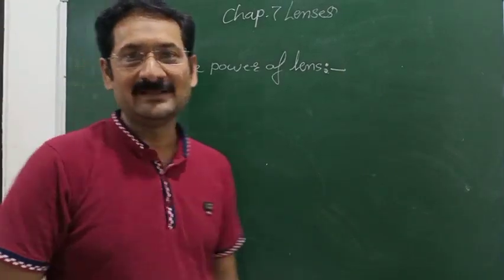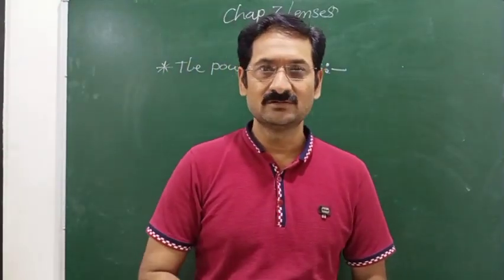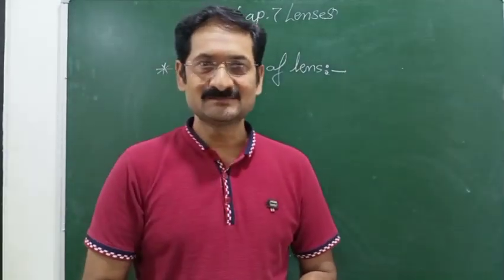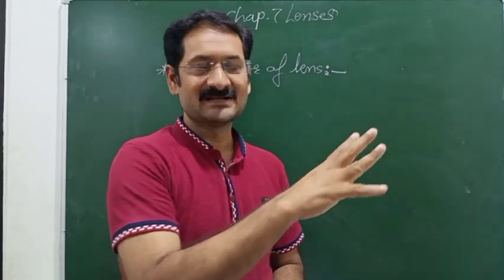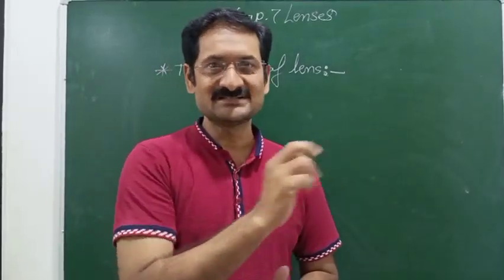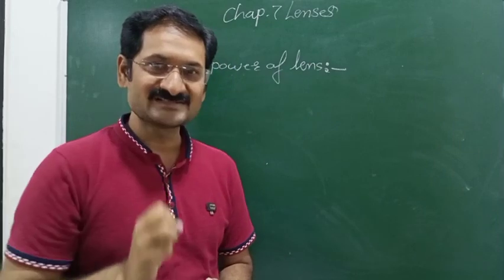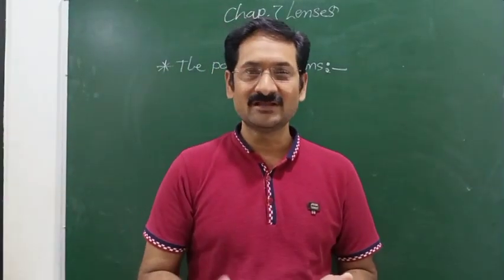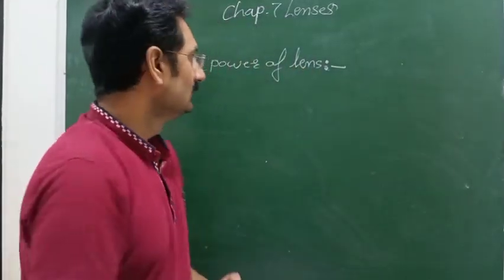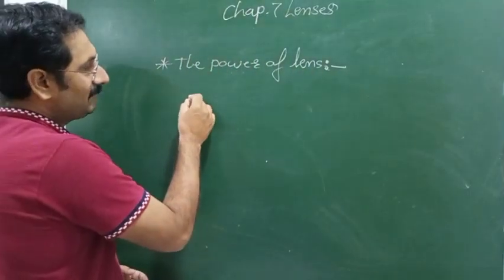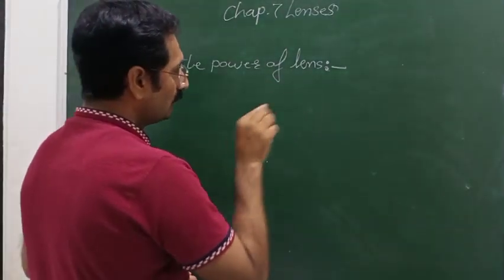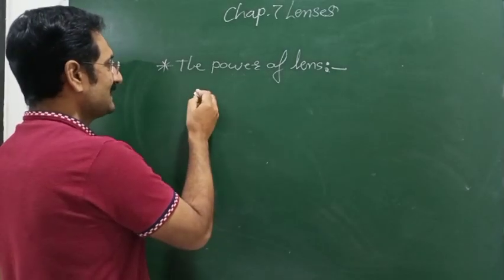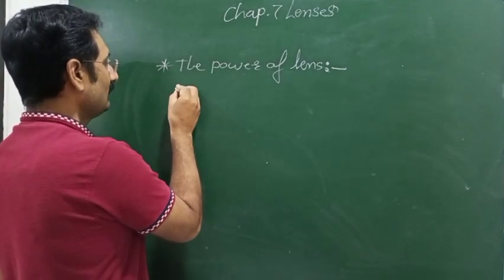Friends, power of lens is the capacity of a lens to diverge or to converge rays. कोणत्याही लेन्स मध्ये रेज डायव्हर्ज करण्याची, आता कॉन्केव्ह असेल तर डायव्हर्ज करण्याची कॅपॅसिटी असते, कॉन्व्हेक्स असेल तर कॉन्व्हर्ज करण्याची कॅपॅसिटी असते. कारण कॉन्व्हेक्स लेन्स हा कॉन्व्हर्जिंग लेन्स आहे आणि कॉन्केव्ह लेन्स हा डायव्हर्जिंग लेन्स आहे. म्हणून the capacity of lens to diverge or to converge rays is called power of lens, and power of lens is actually the reciprocal of focal length.